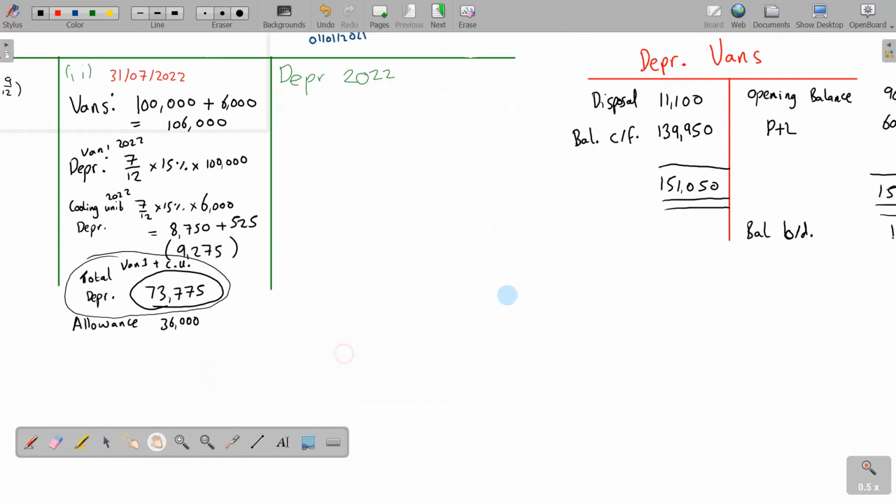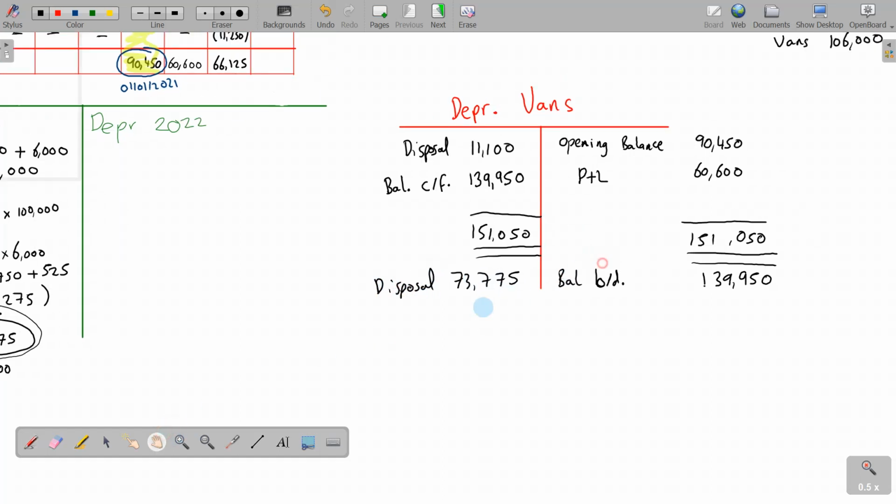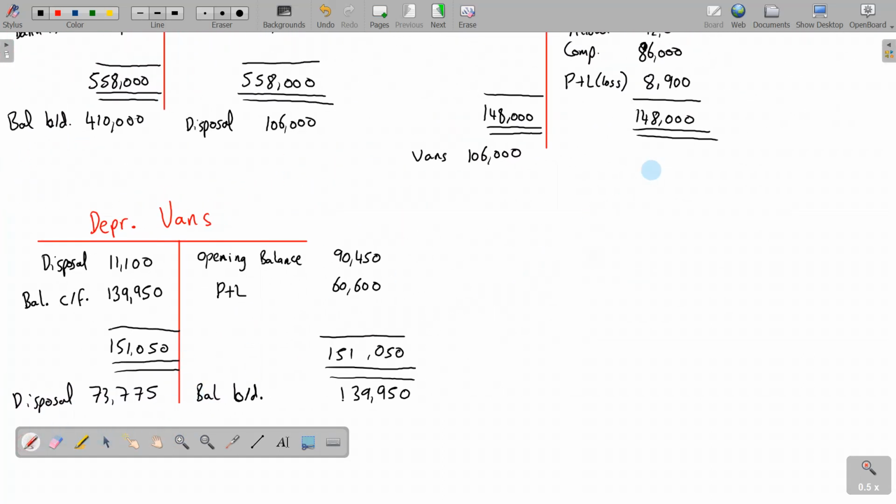We said depreciation was 73,775, so it takes away from our depreciation. 73,775 depreciation.